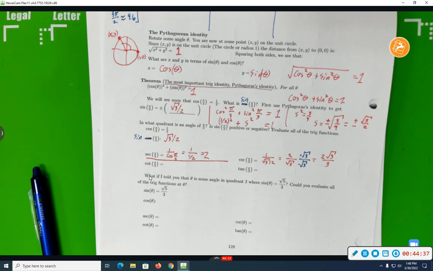And so we've got enough time to do cotangent and tangent as well. Let's compute cotangent. So cotangent is the x divided by the y. So it'll be 1 over 2 divided by root 3 over 2.